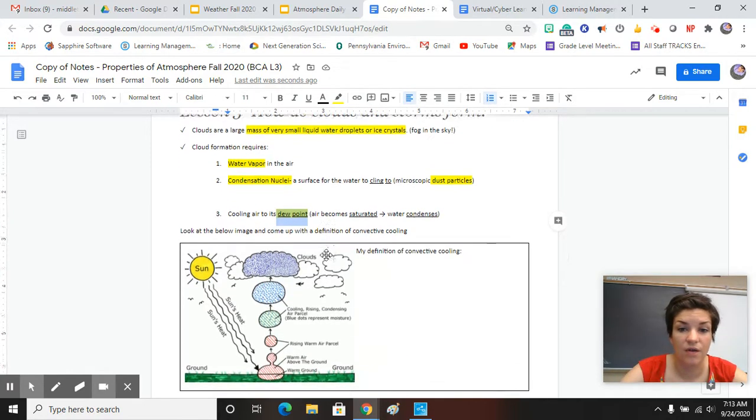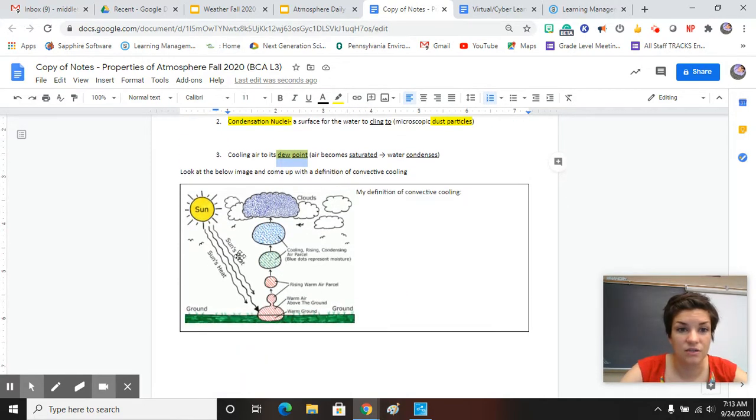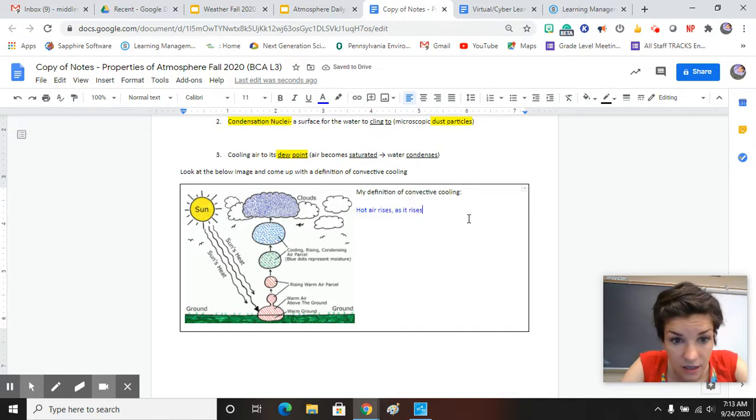All right. So here is an image of convective cooling. Hot air is rising. Convection, remember, is where hot air rises. As it rises, we can see it says cooling, rising, condensing air particles.